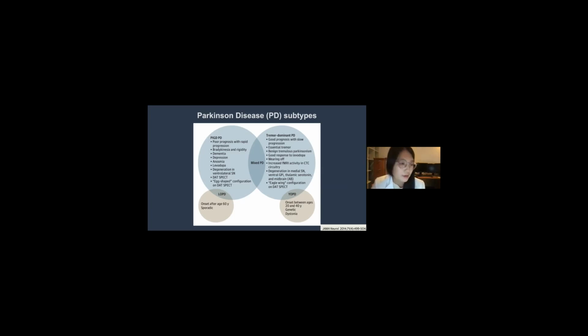The other type is tremor-dominant PD, with medial substantia nigra degeneration, showing relatively good prognosis. The main known risk factor of PD is aging. Late-onset PD begins after a certain age, and young-onset PD begins at 20 to 40 with predisposing genetic mutations such as alpha-synuclein or leucine-rich repeat kinase 2.